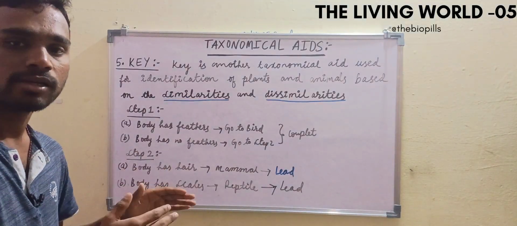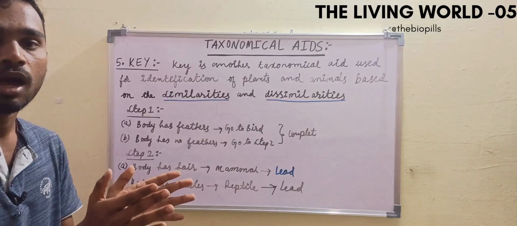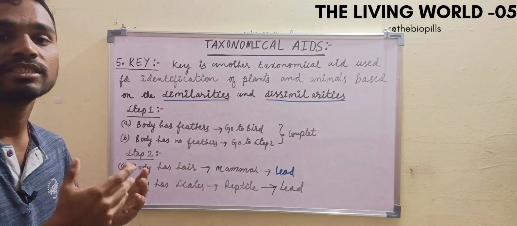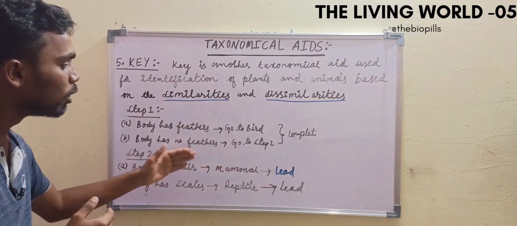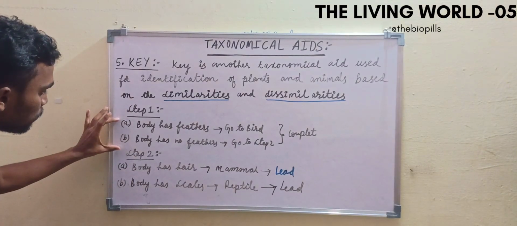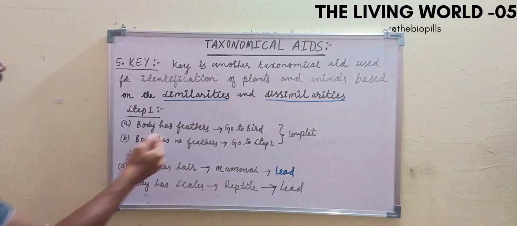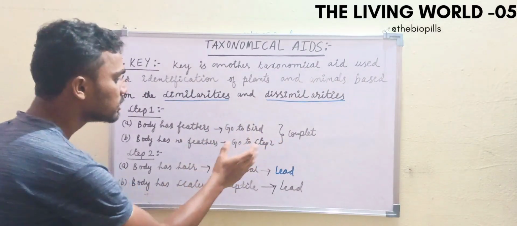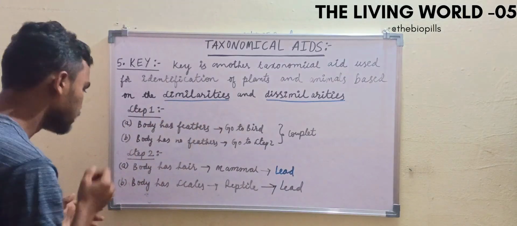That means the body has no feathers, but we do not get exactly which species this character belongs to, so we go to step 2. This pair, that is, a pair of two statements, is called a couplet. This is very important. In a key, the pairs are called couplets.